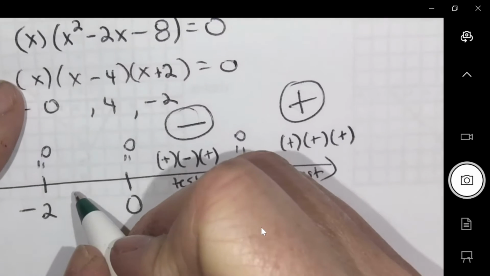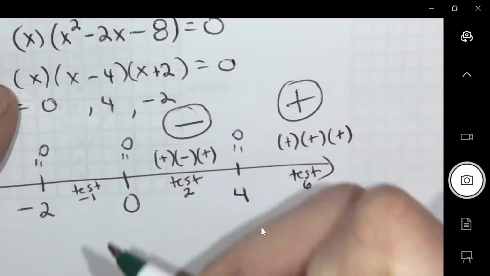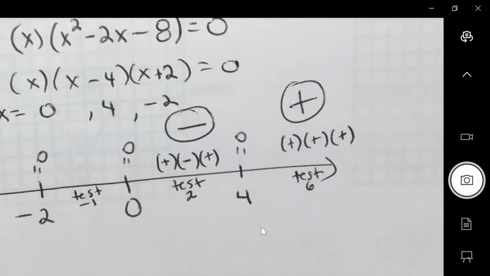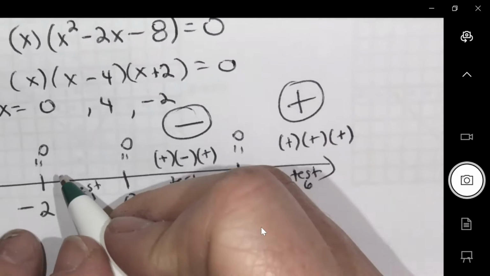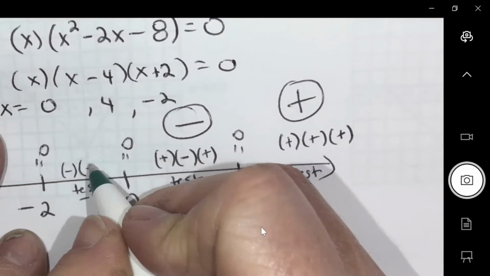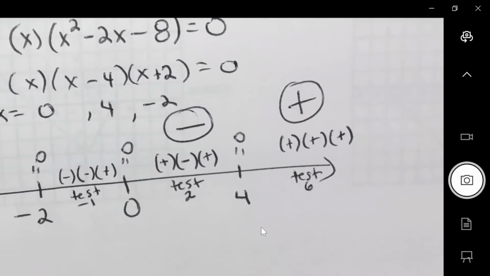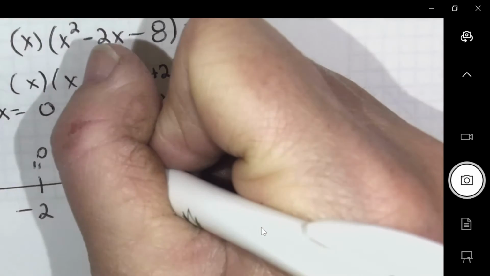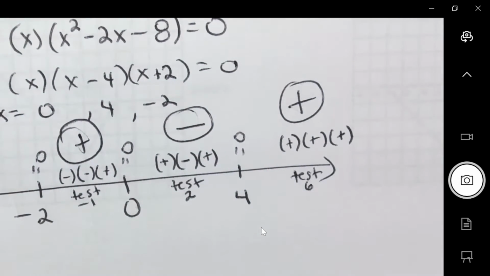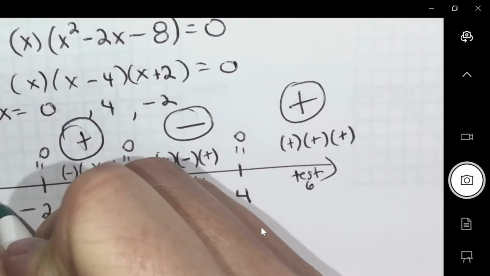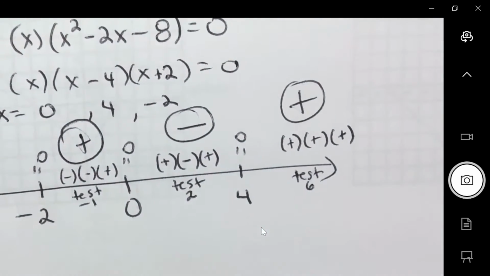Okay, now I'm going to go with a -1 in this zone. So negative makes negative, negative, positive. So that would make 2 negatives positive. And in this zone, I'm going to test -5.